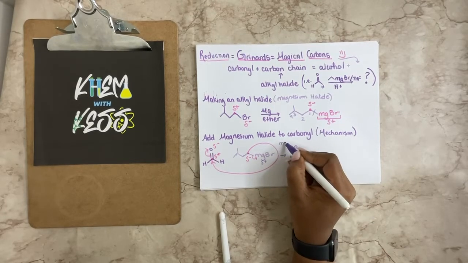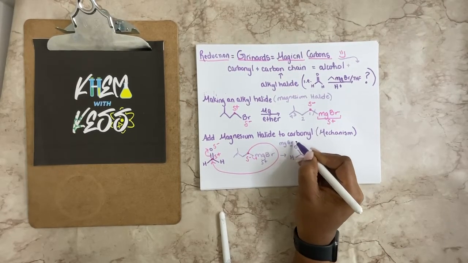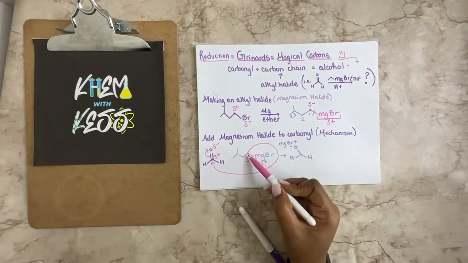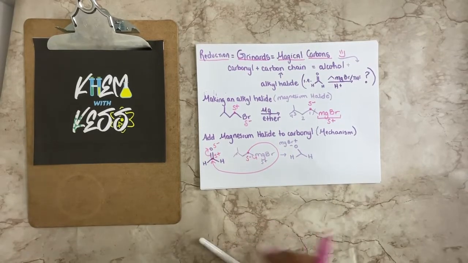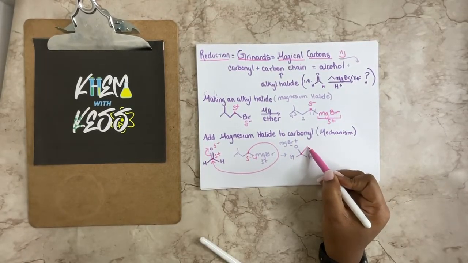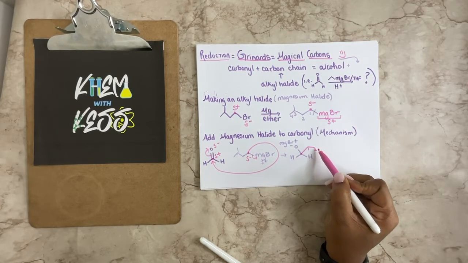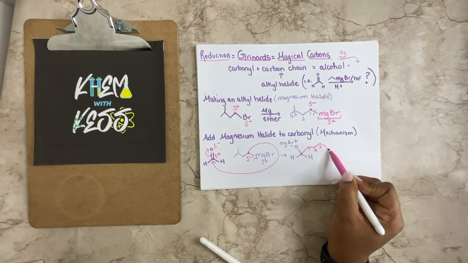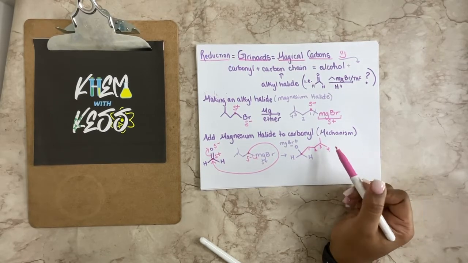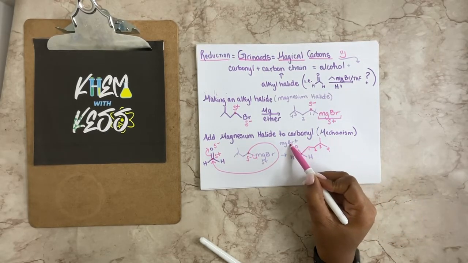So it's going to come over here near the oxygen to act as a balancing act. And then we had the 4 carbons starting from the magnesium that get added to the actual carbon here. So once we add, that's 1, 2, 3, 4. Make sure you're adding the right number of carbons. And then this has a negative sign.